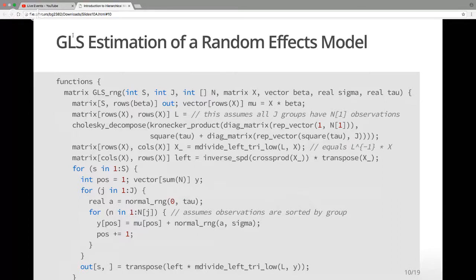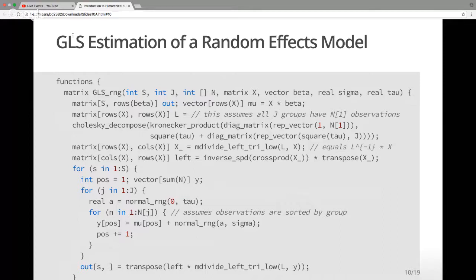We have a matrix X of predictors. We have a vector beta, which serves as the coefficients on the columns of the matrix X. We have a standard deviation of the errors in the outcome variable, sigma. And we have a standard deviation in how much one of these parameters is going to differ from group to group. That'll be tau. And we'll talk about that in a second.